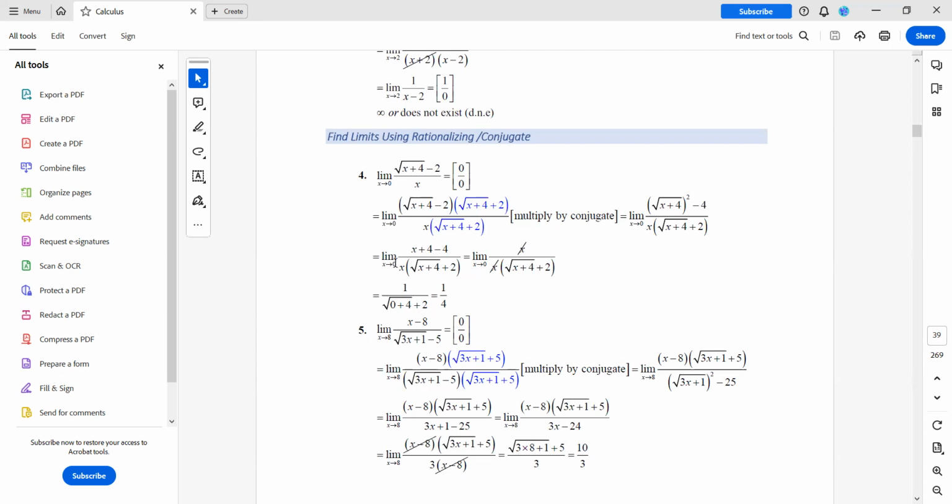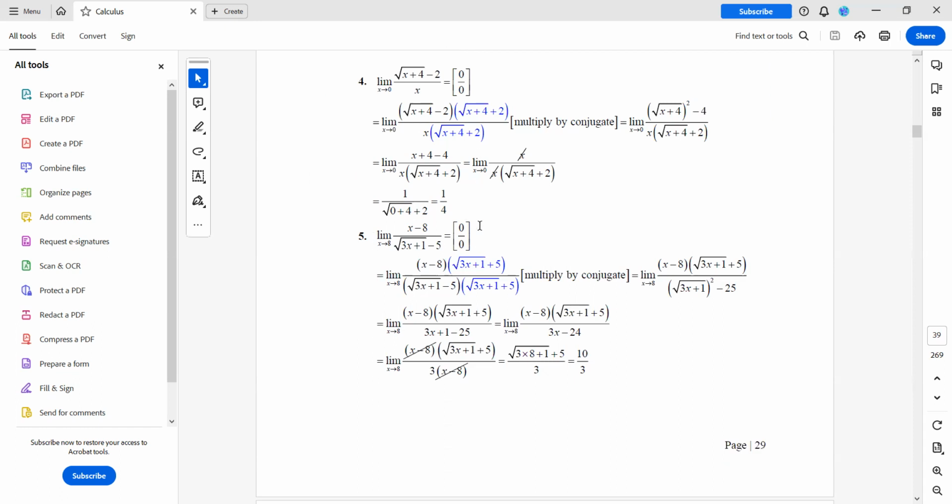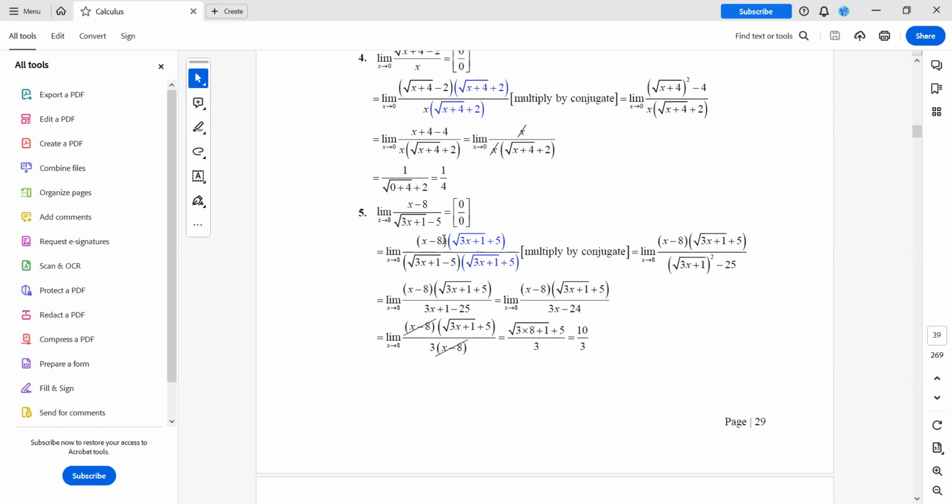The next question says limit when x is 8 of x minus 8 over square root of 3x plus 1 minus 5. If I put 8 into this equation, I get 0/0. That means I can solve this question, right? The next thing I'm going to do is multiply by the conjugate. So I multiply by square root of 3x plus 1 plus 5 in both the numerator and the denominator.